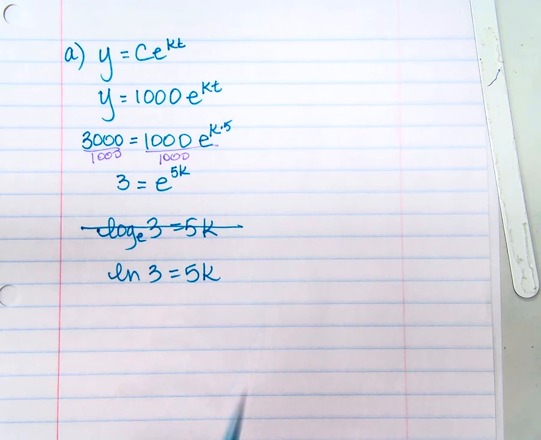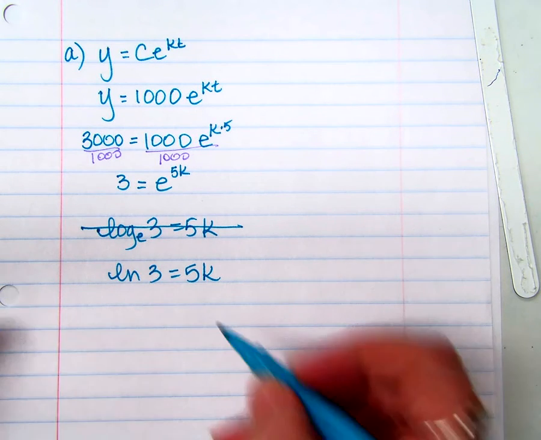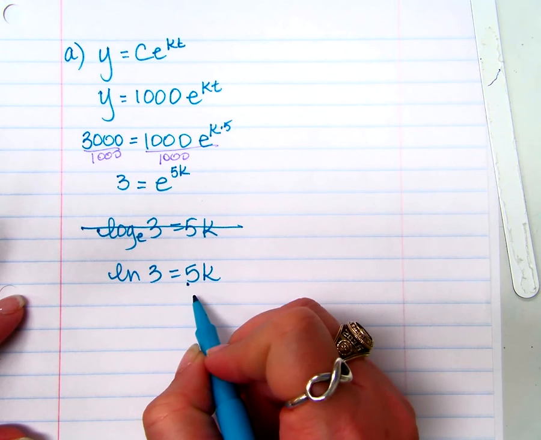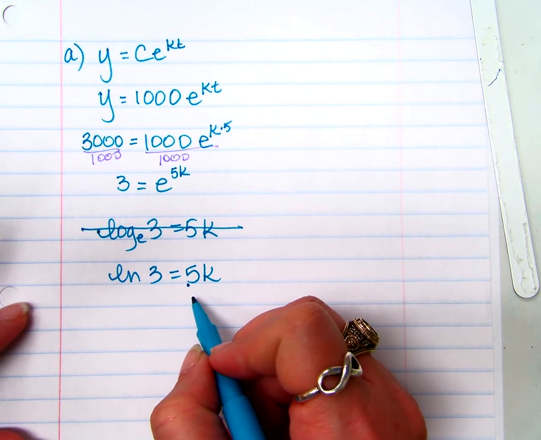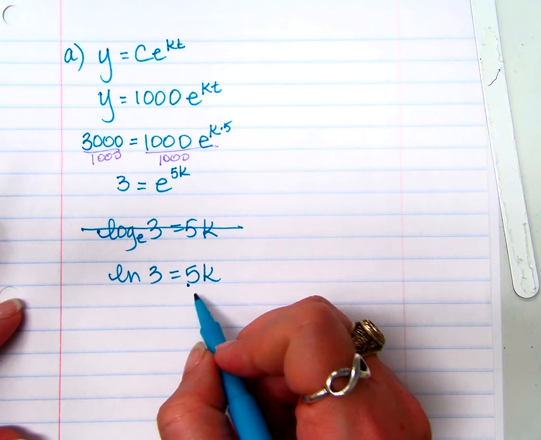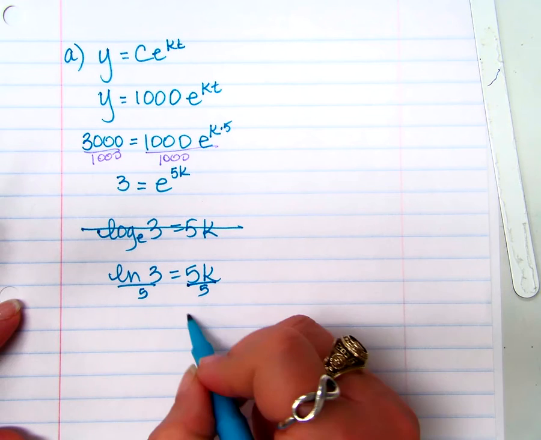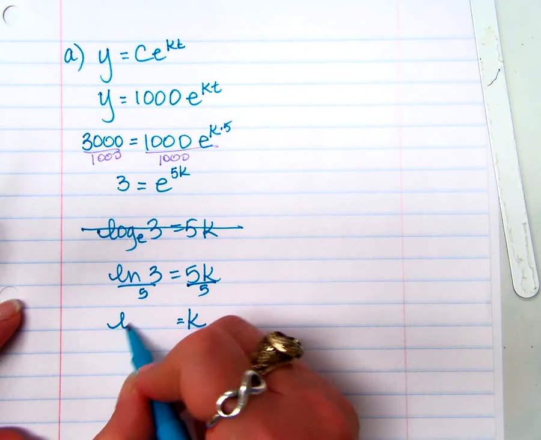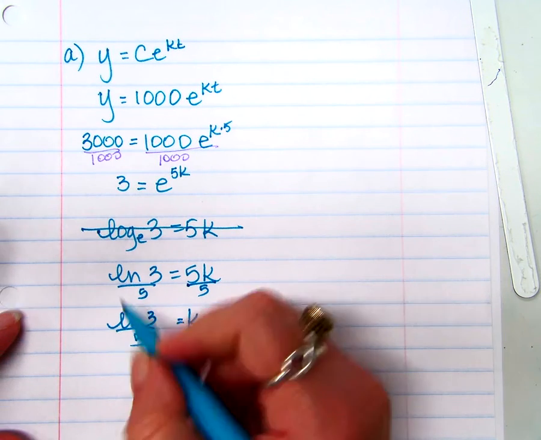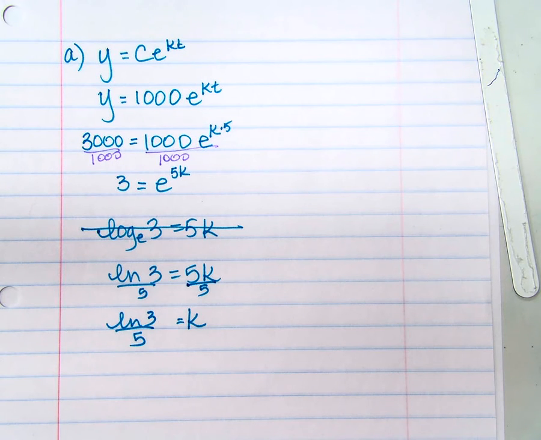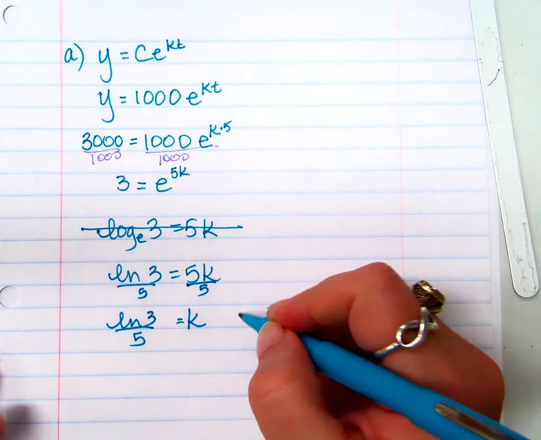Now what? How do I solve for k? Close. Yeah, I've got to get k by itself. I do that by dividing both sides by 5. So k is going to equal the natural log of 3 over 5. Does anybody have a decimal estimate of this in your calculator yet?